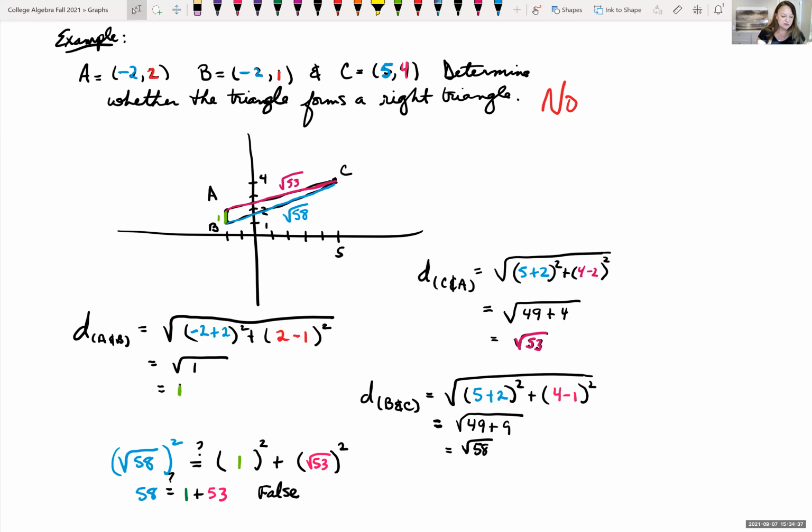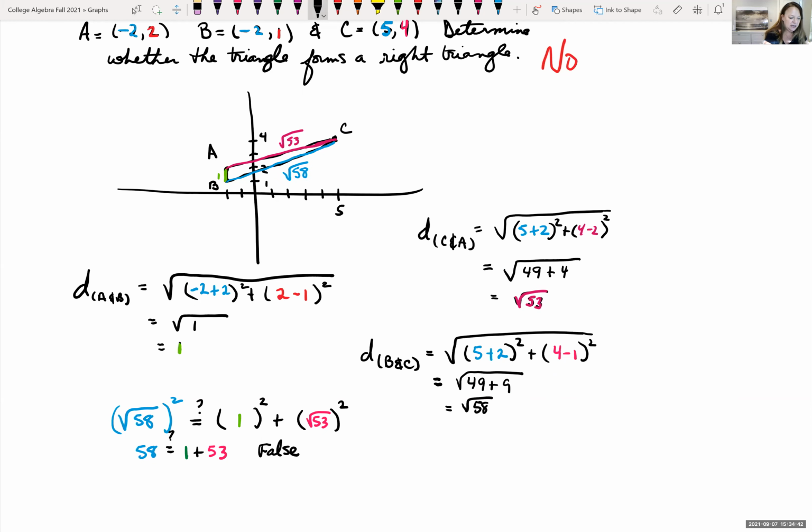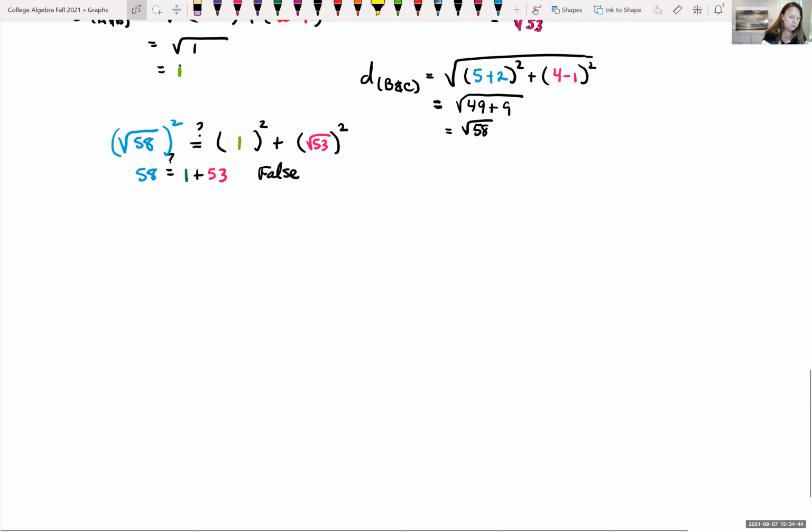Okay, so there's one other piece to this section, which is the midpoint formula. And so the midpoint formula is where we're trying to find the halfway point between 2 points.